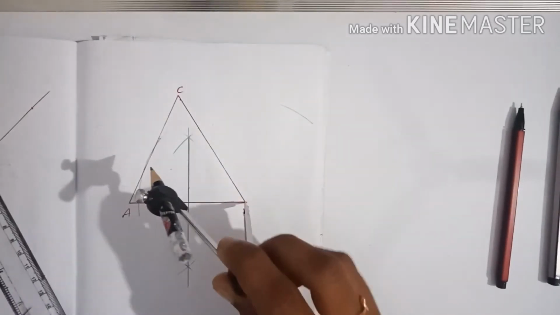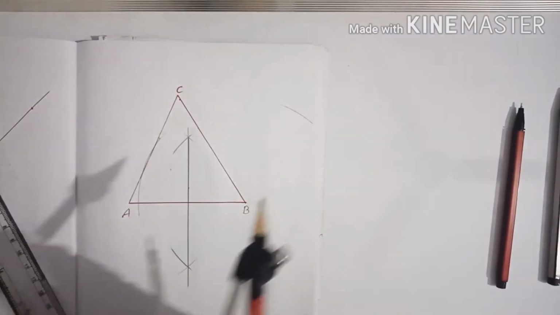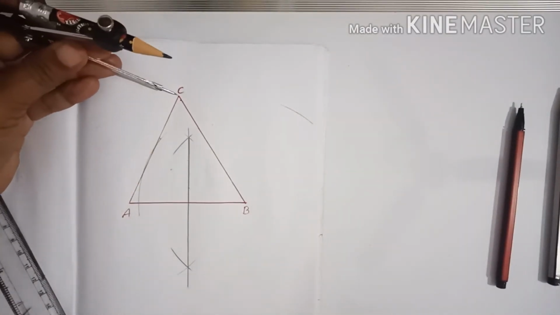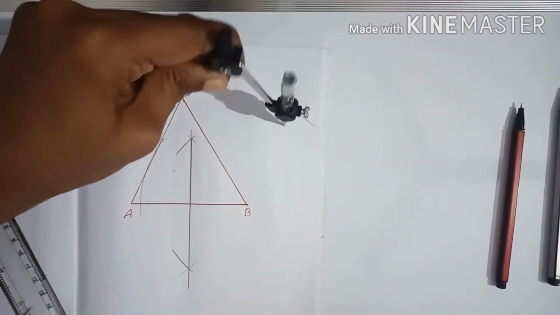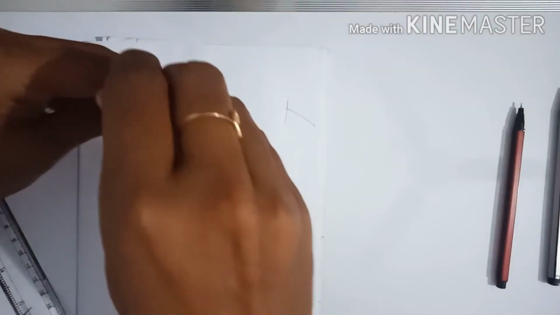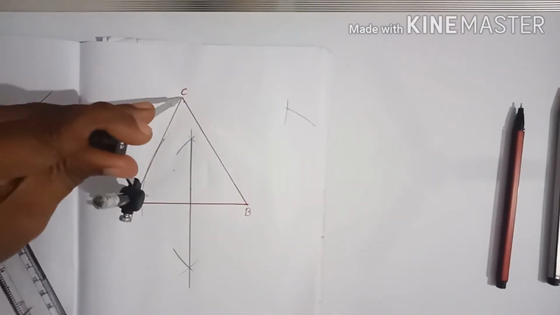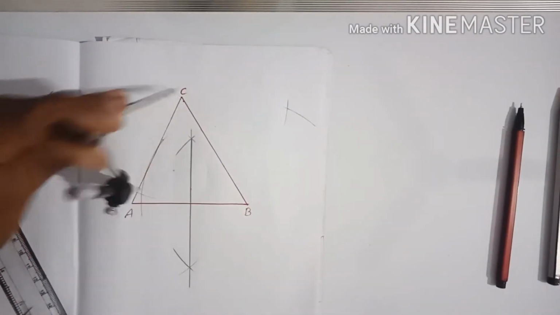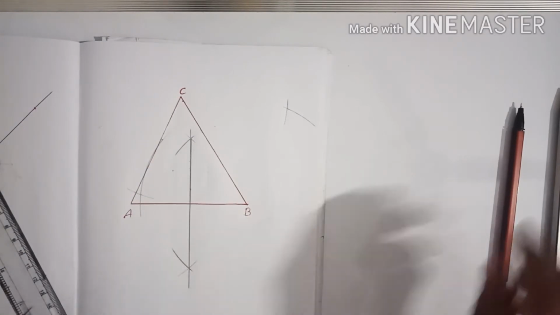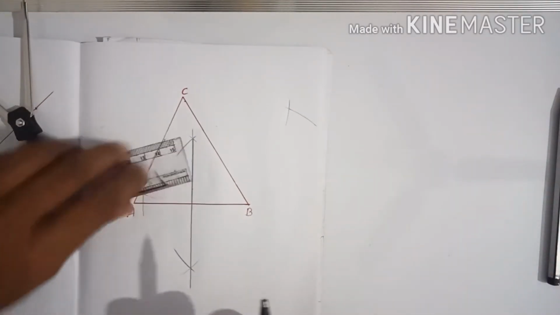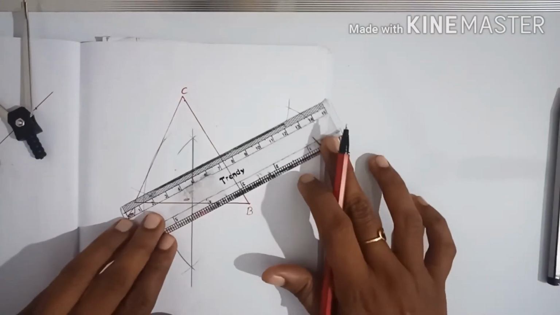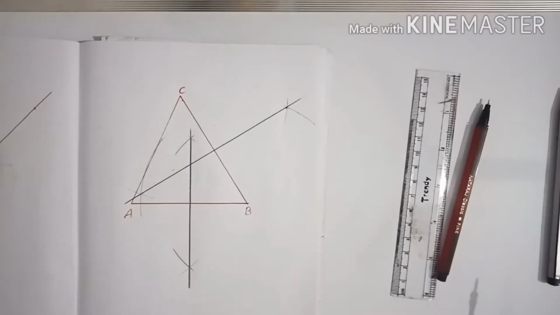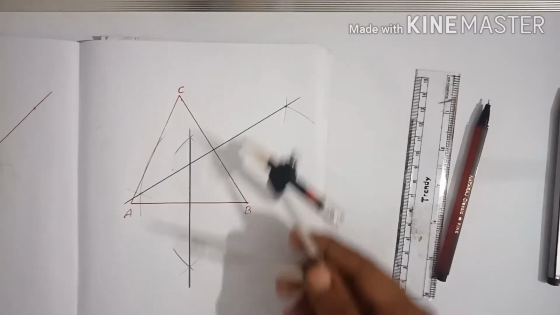Similarly from the point C, one arc in the upper side and one arc in the lower side. Then you will get two points. That you need to join. Like this you will get the bisector.